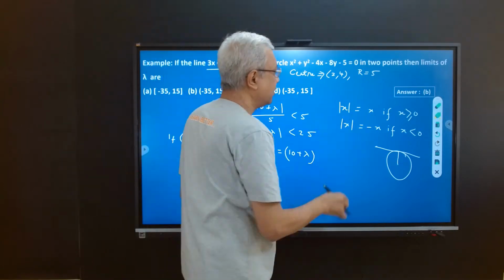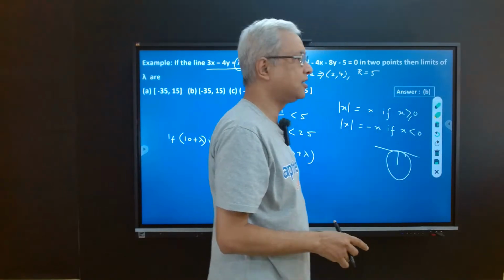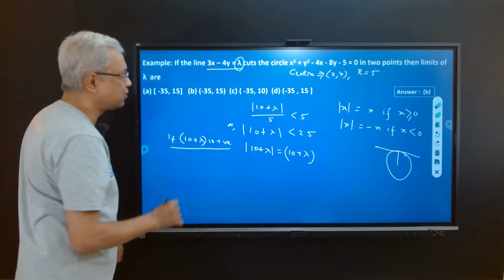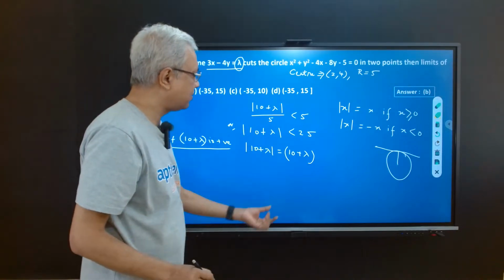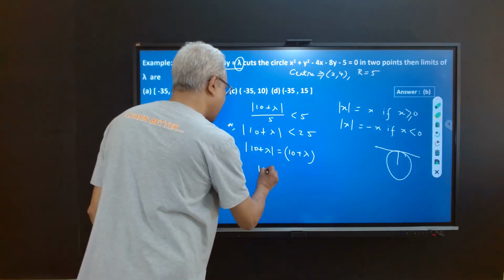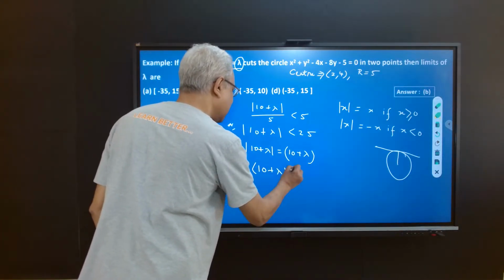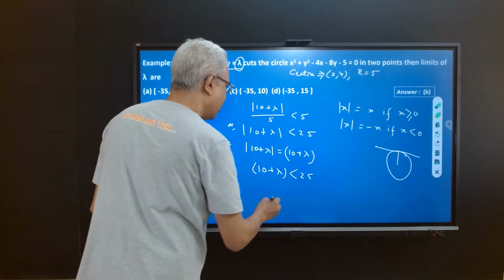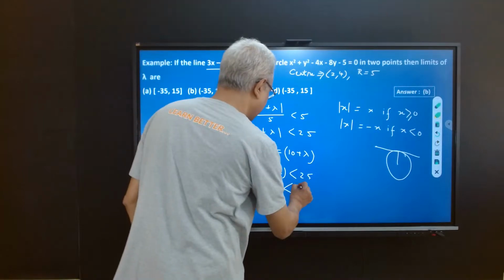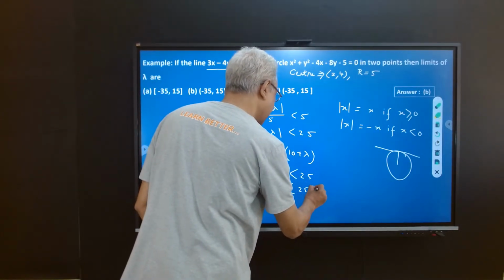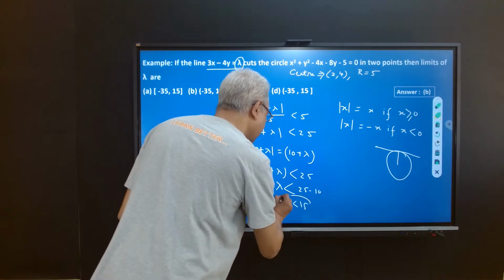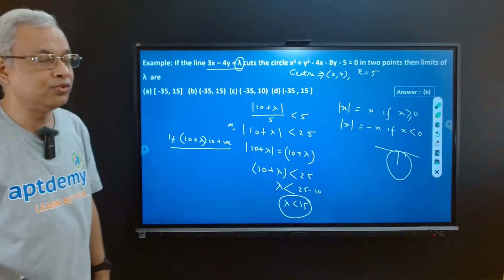So if 10 plus lambda is positive, then mod 10 plus lambda is 10 plus lambda, as mod x is x if x is greater than or equal to 0. So 10 plus lambda is less than 25, or lambda is less than 25 minus 10, that is, lambda is less than 15. So lambda's upper bound we have found.